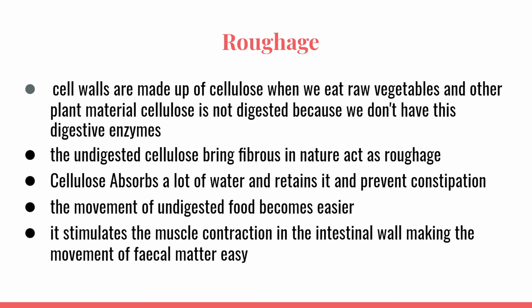And you should drink a lot of water too. Okay, so it stimulates the muscle contraction in the intestinal wall, making the movement of fecal matter easy. It makes them easy to function.